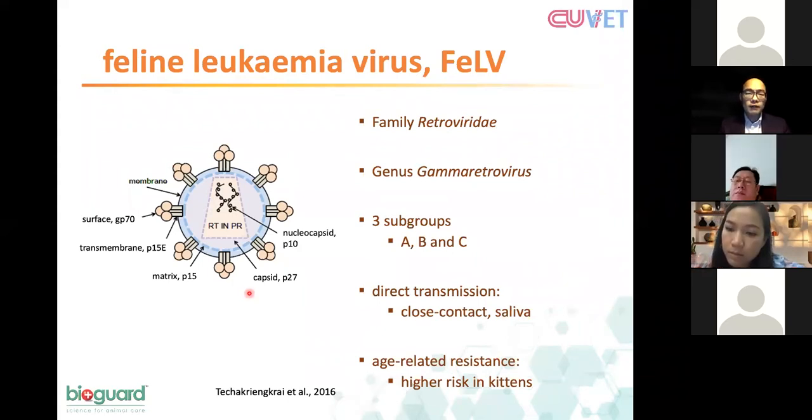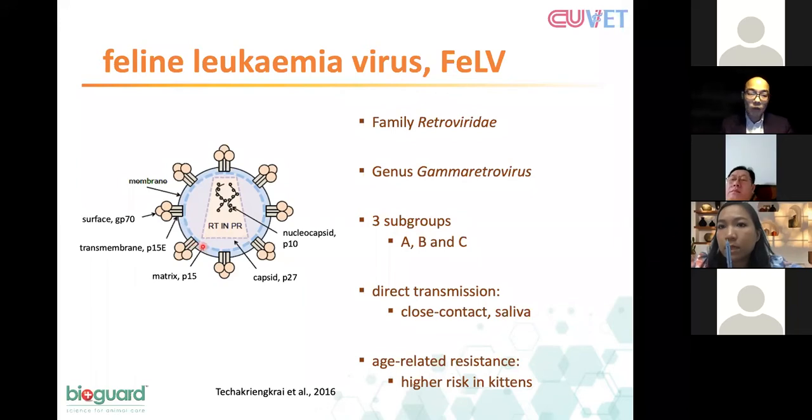The genome of FeLV only encodes for structural protein and non-structural protein, or the enzymes that are used for replication. On the left side of the screen, this is a basic cartoon representation of the virus virion. It is an enveloped virus, so I have the envelope surrounding the virus core. On the envelope, the virus has the envelope glycoprotein, which is composed of the surface GP70 and the transmembrane portion P15E.